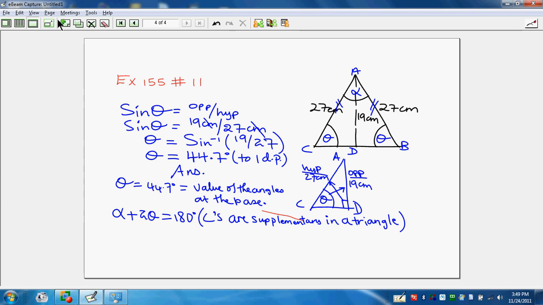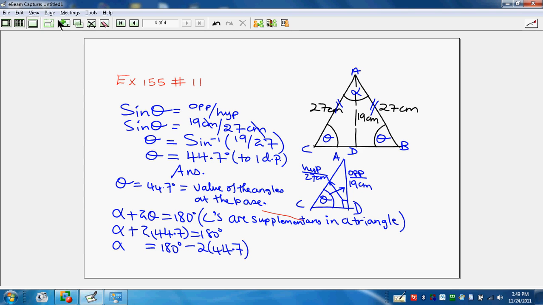So what we have to do now is substitute what we know, which is theta, and solve for alpha. So we could write from here that alpha plus 2 times 44.7 will be equal to 180 degrees. So alpha will be equal to 180 degrees minus 2 times 44.7.